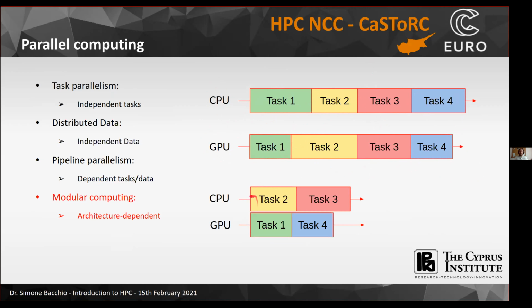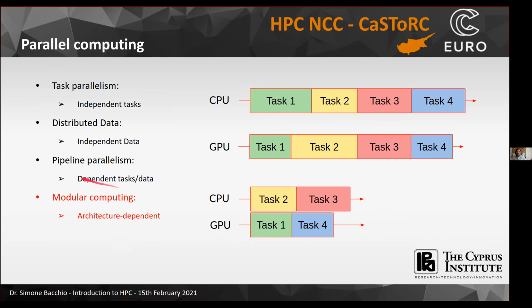So what you want to do in your problem is to understand which parts of your code optimally perform on which part of hardware, and you might want to distribute them unevenly between the hardwares in order to optimize the computational time. So for instance, here I'm putting the tasks that are faster to be run on the GPU on the GPU, and the others on the CPU.